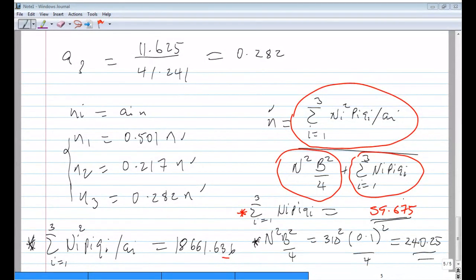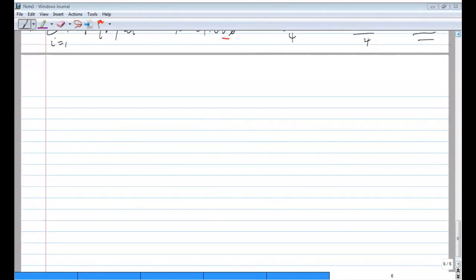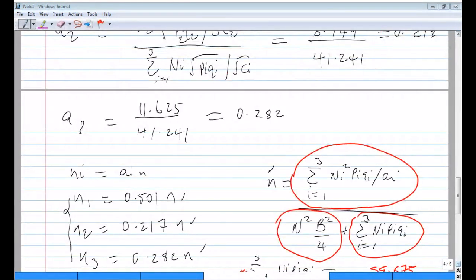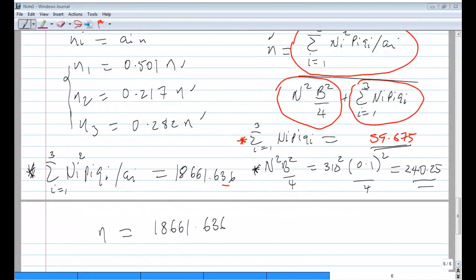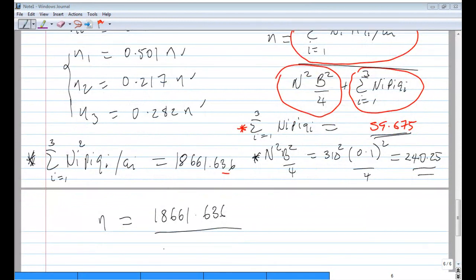So we have to plug it into the formula. So that means our n, which is the overall sample size, is equal to 18661.636 divided by 240.25 plus 59.675.